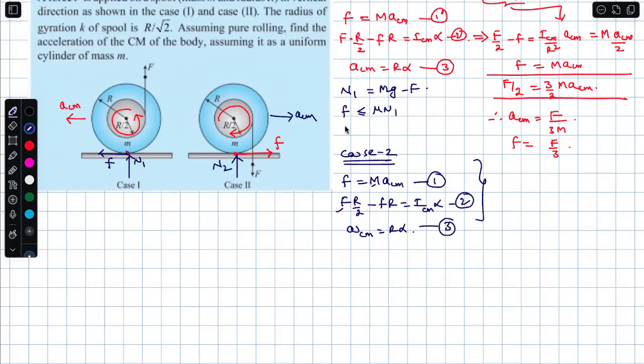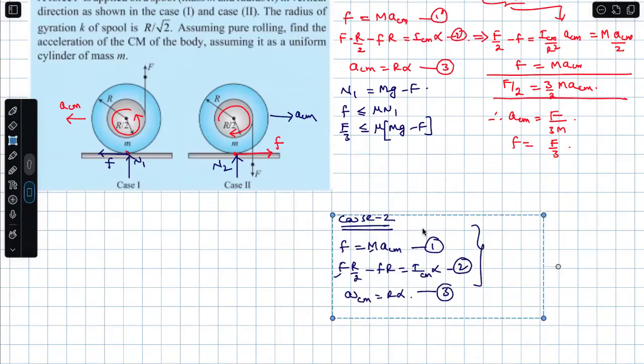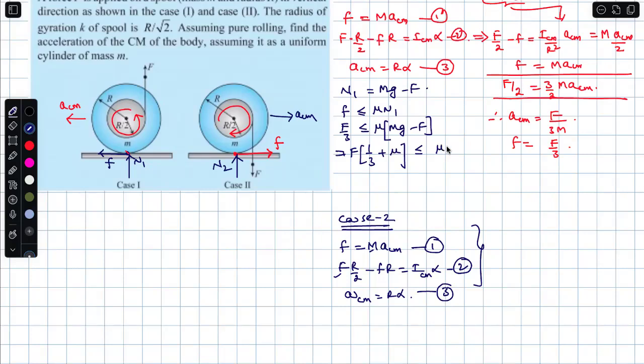So therefore, F by 3 less than or equal to mu times mg minus F. From this, I can say that F times 1 by 3 plus mu less than or equal to mu mg.